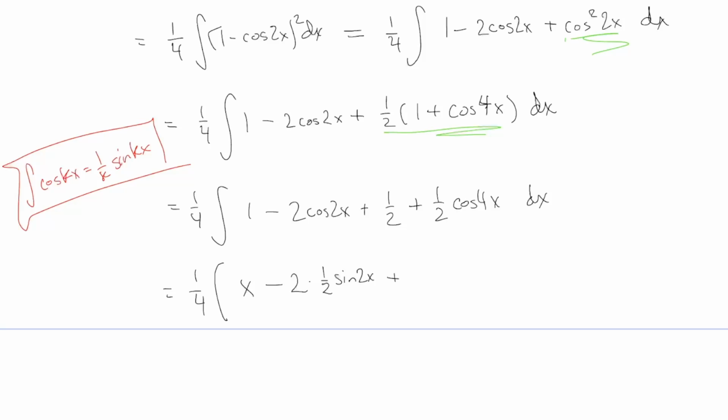What happens to 1/2 just all by itself? I'm doing the integral here. Any thoughts? It is 1/2 x. Just a constant by itself becomes that same constant times x. So 1/2 x. Great. Plus 1/2 cosine 4x.